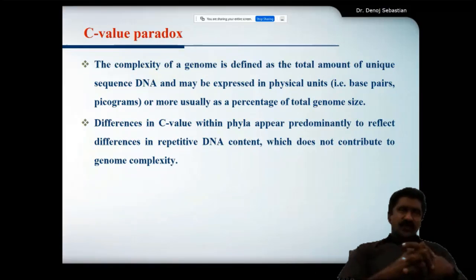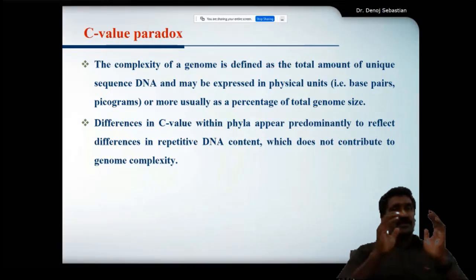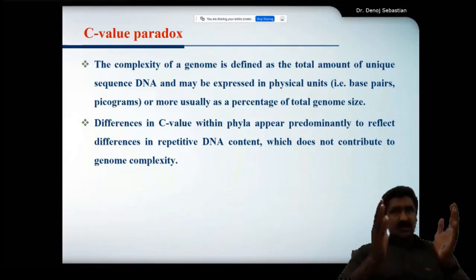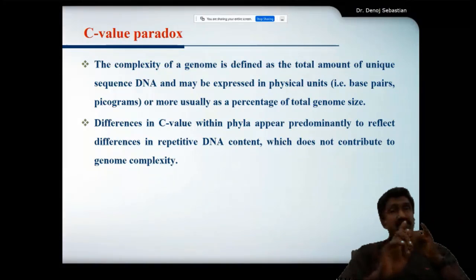The complexity of a genome is identified as the total amount of unique sequence DNA and may be expressed in physical units. So the size of the genome or the C-value can be expressed in various units, like number of base pairs or the quantity in picograms, the weight of the DNA.